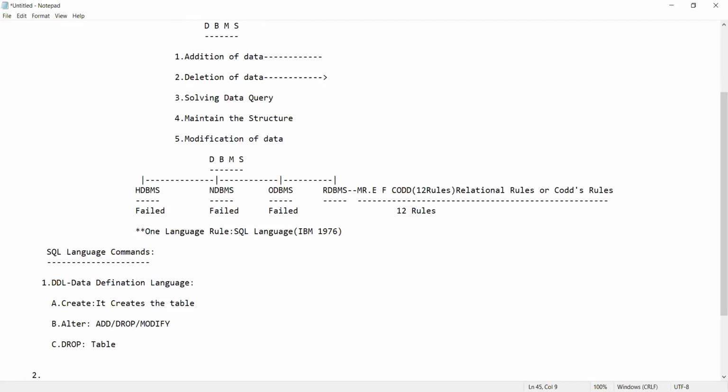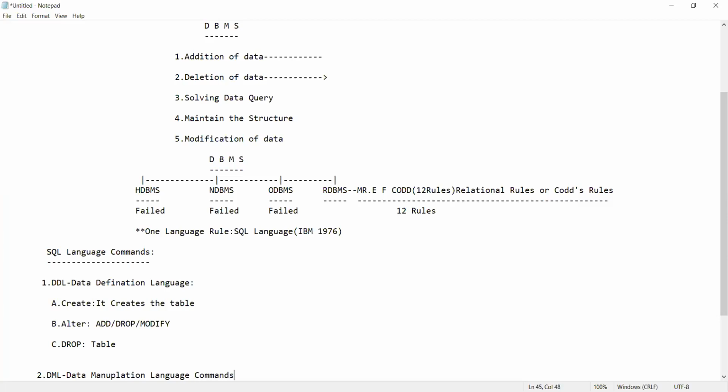Yes, guys? Next one, you have DML, which stands for Data Manipulation Language commands.